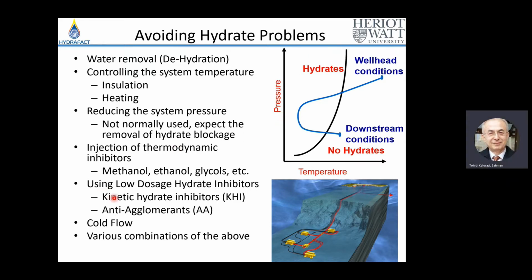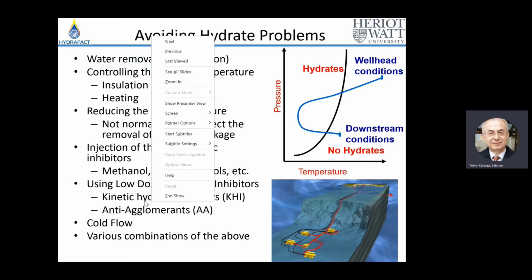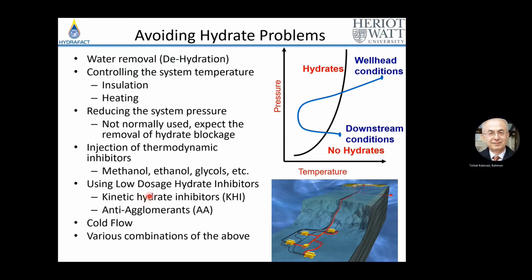The other option is to use a kinetic hydrate inhibitor. Kinetic hydrate inhibitors work with the hydrate structure. They stick to the initial hydrate formation and prevent its growth, affecting the kinetics of the process.